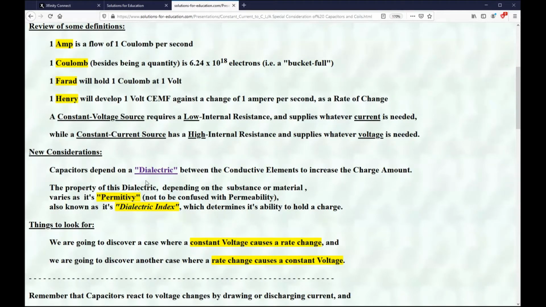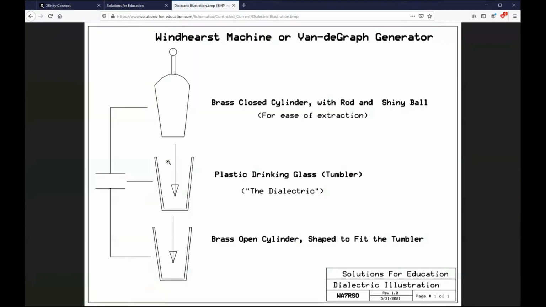All right, now let's go here. Here was one of my favorites. When I was an instructor at Boeing and we were teaching students, well, here's our dielectric. I want you to see something. Here is a brass open cylinder down here, which just happened to fit this glass. This drinking glass could go in here with a really nice snug fit.